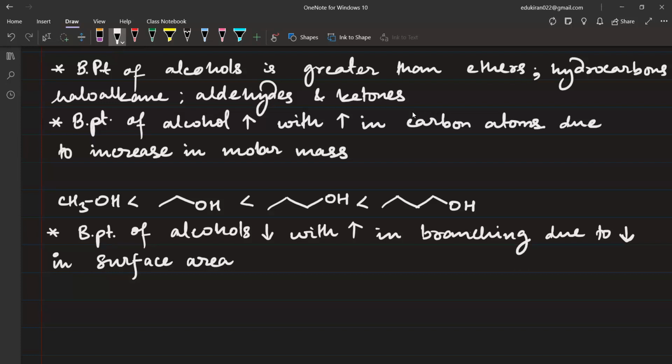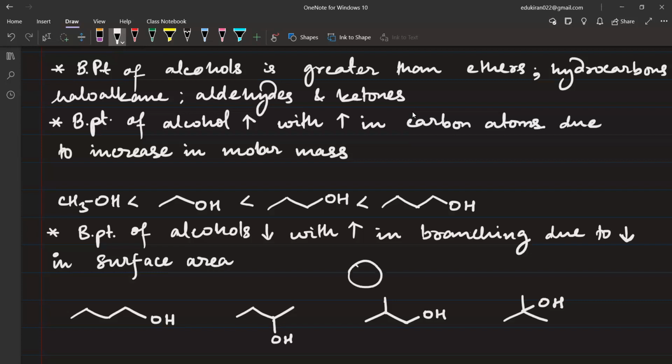So if you have something like this, 1, 2, 3, 4, OH. And if you increase the branching like this, 4 carbon and OH is now here. You can increase the branching even more. OH is now here, and increase the branching even more. OH is here.